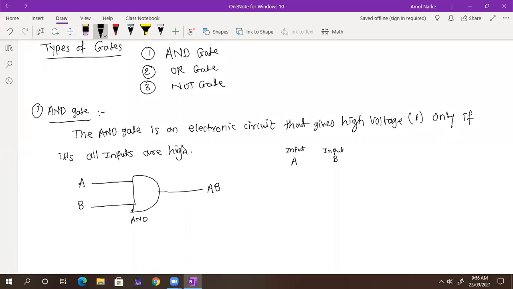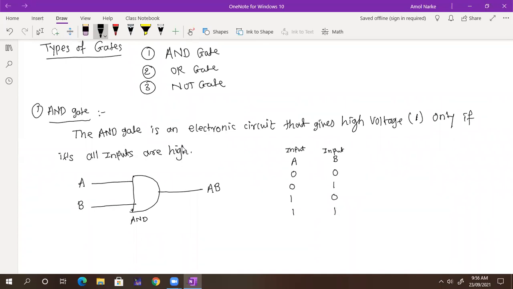Either A has 0 and B also has 0, both have low voltage. Either A has low voltage and B has high voltage. Either A has high voltage and B has low voltage. A has high, B has high.